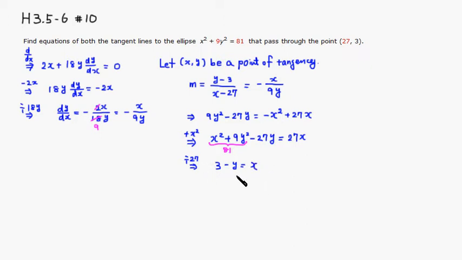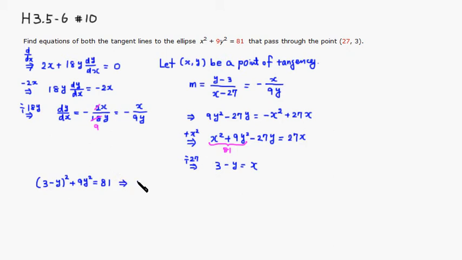This x and y also has to satisfy the ellipse equation, so I'm going to plug this in. x can be written as 3 minus y. Into the ellipse equation, we get (3 minus y) squared plus 9y squared equals 81.